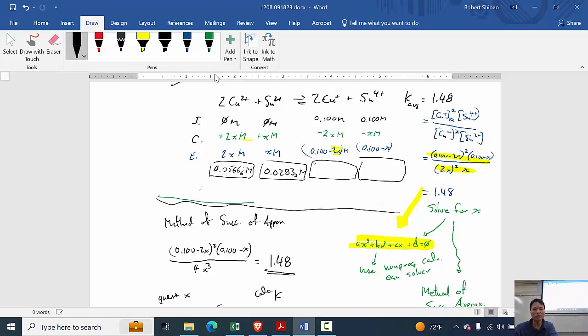And then I'm going to do these subtractions here. I'm going to get 0.1 minus 0.0566, which is 0.0433. Actually, I'm going to go 3 decimal places here, so I'll subscript the last digits, 0.04334. And then I'll go 0.1 minus 0.02833.